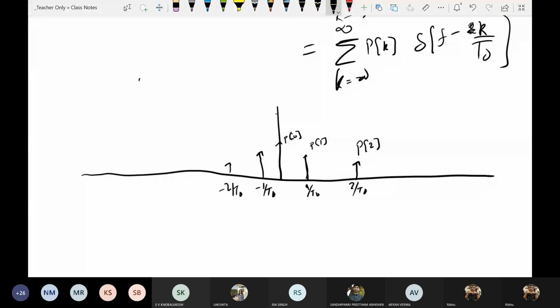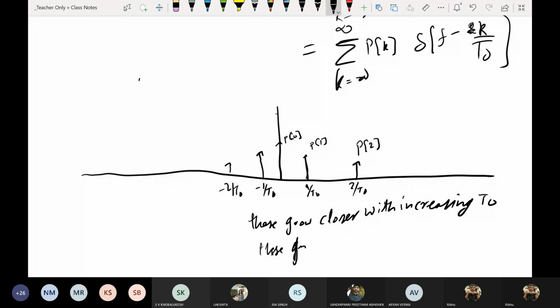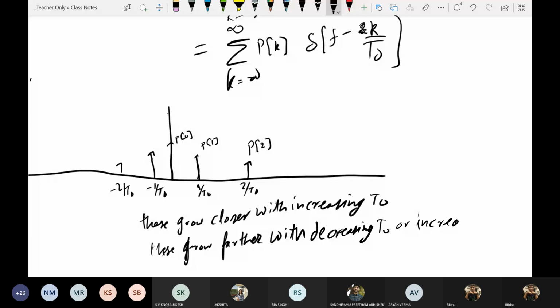So, closer with increasing T naught, these grow further with decreasing T naught, or you can say increasing frequency.